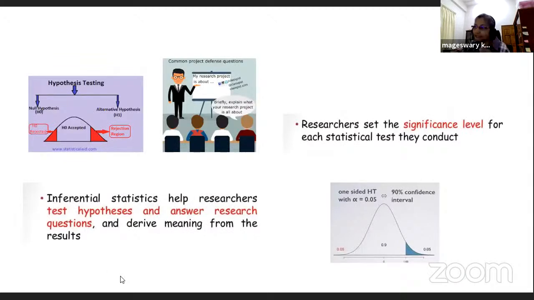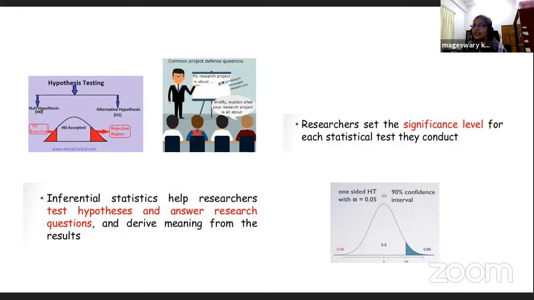Now, two things in the inferential statistic that you need to know. The first is hypothesis testing. If you look at the descriptive statistic, I didn't mention anything on hypothesis. I just said that you're going to use mean, mode, median, and you're going to describe the dispersion using the standard deviation, variance, or range. Only that I mentioned.